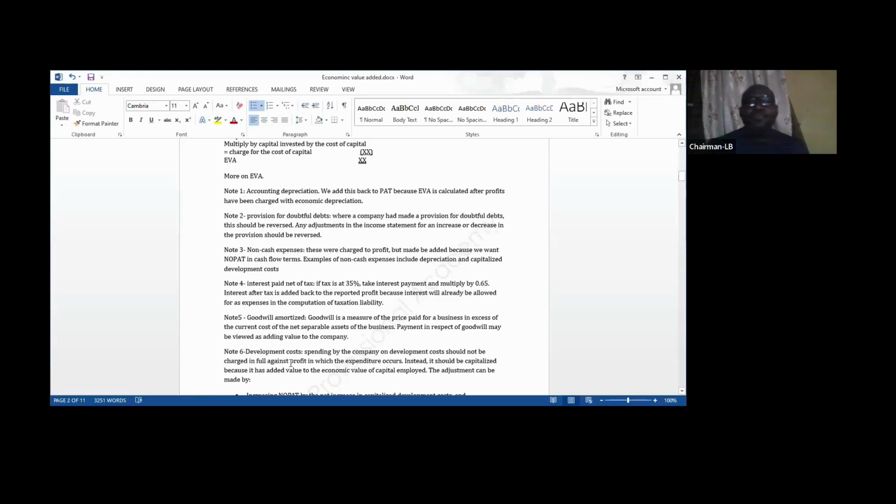Developmental cost. If a company engages in research and development, the expectation is that after that research, if you launch the product, it should create value for us. Part of your developmental cost is training.